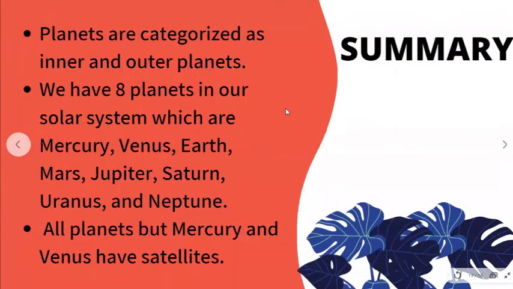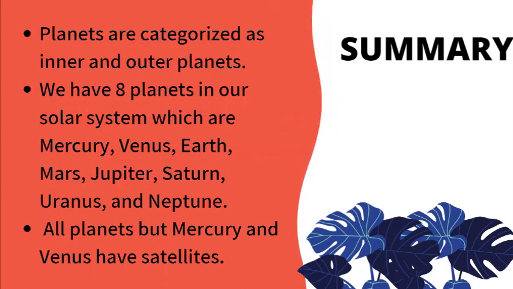Before we end our discussion today, let's summarize our lesson. Let's read it together. First, planets are categorized as inner and outer planets. Second, we have 8 planets in our solar system, which are Mercury, Venus, Earth, Mars, Jupiter, Saturn, Uranus, and Neptune.